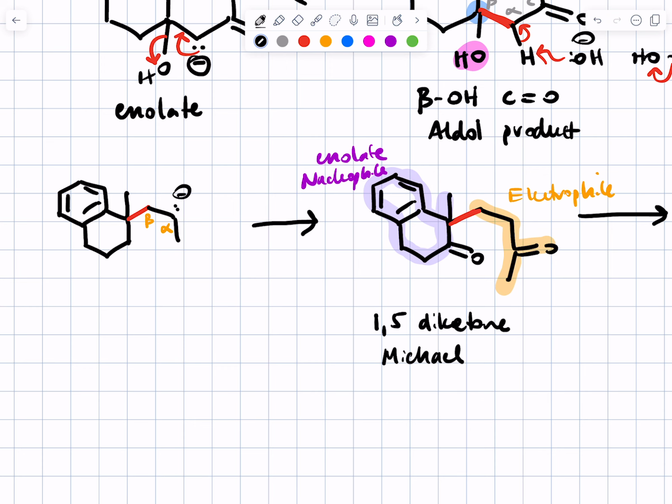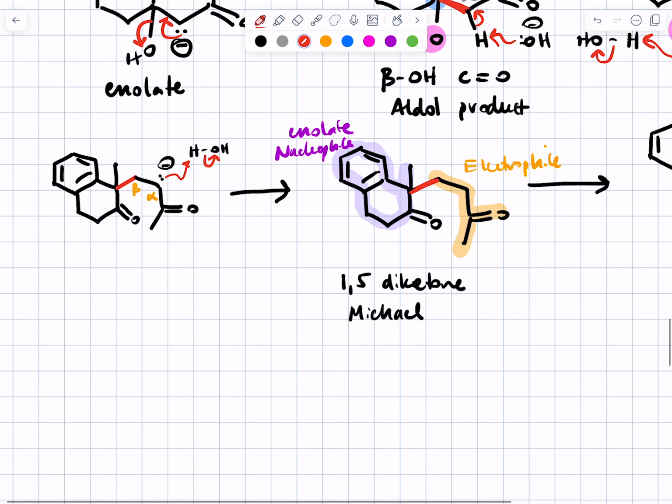That's got to have a negative charge on it. Okay. And of course, we get from that negatively charged enolate to the 1,5-diketone by simply removing a proton from water.